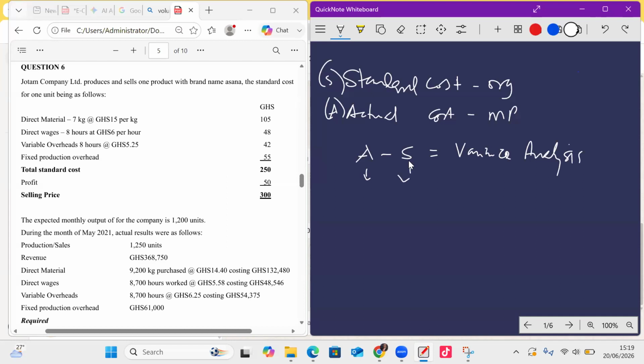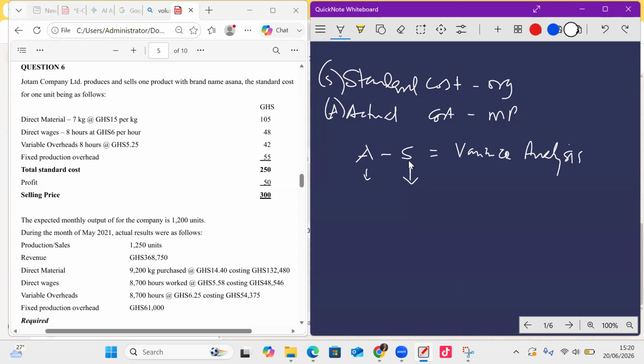Let me put it that way, simply for us to understand. Are you good? Yeah. So that's variance analysis. So we are going to compare what the standard is against what the actual is.